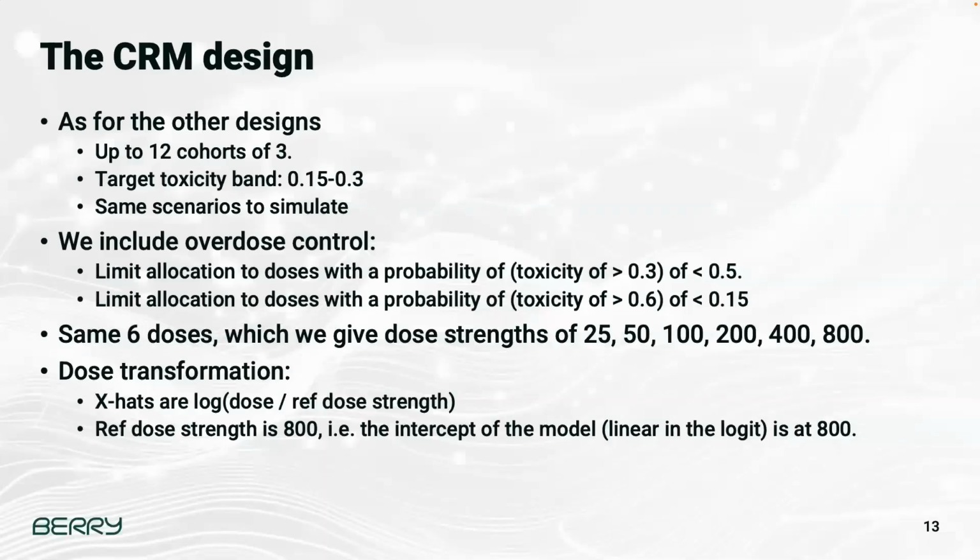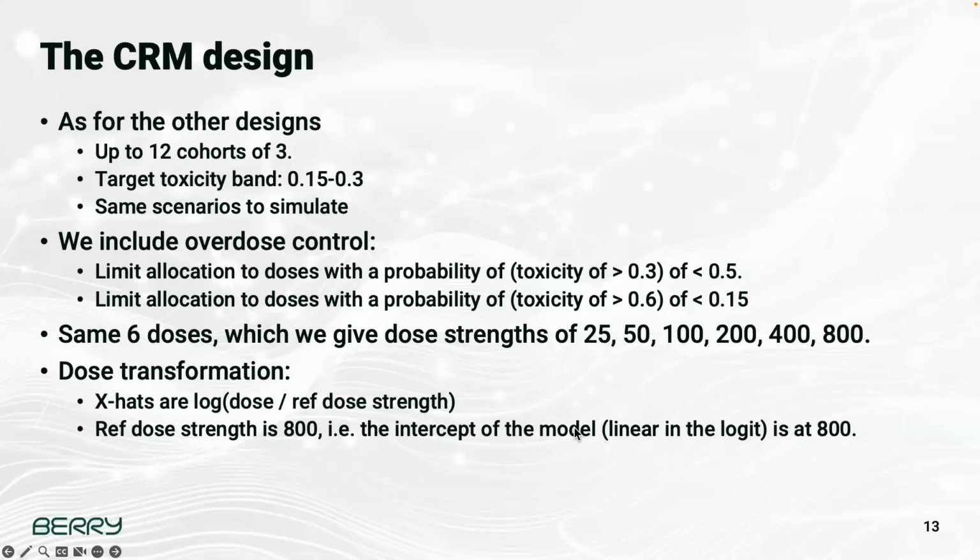That was the symbol that was used, little X with a hat over it. And we'll use Neuenschwander's transformation of taking the log of the dose strength, 25, 50, 100, over some reference dose strength. And in this case, we're going to set the reference dose at 800 at the top of the dose range.